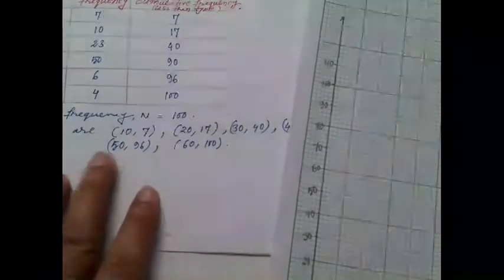Now we plot the points we have got. In this list we have 10, 7. At first 10, and then 7: 2, 4, this one is 5, and then this one is 7.